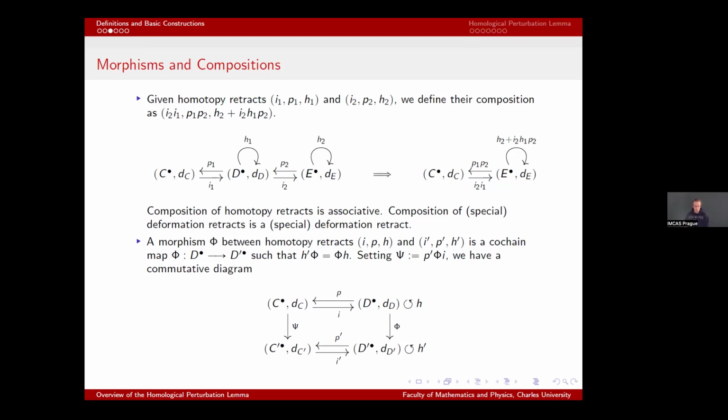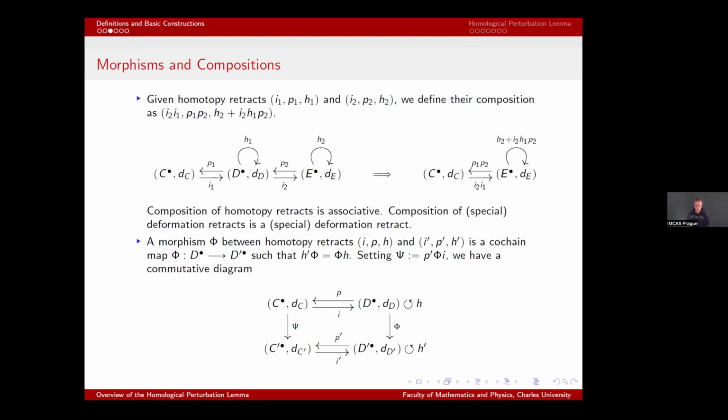And this is very easy to see for the deformation retracts, because if these maps compose to the identity on D and these two maps compose to the identity on C, then certainly these two maps also compose to the identity on C. And then in the case of special deformation retracts, one has to check the homotopies. There is also a notion of morphism between homotopy retracts.